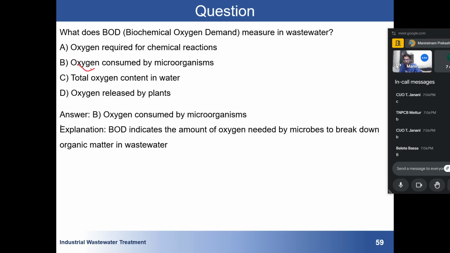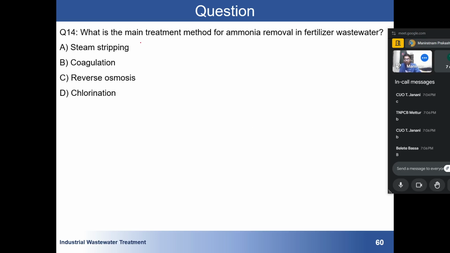Okay, now what is the main treatment method for ammonia removal in fertilizer wastewater? This thing we have discussed a few times.